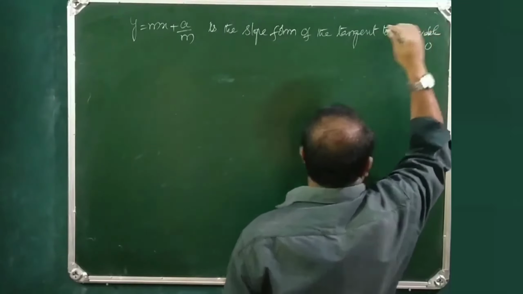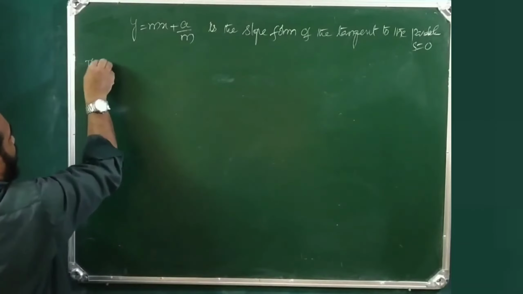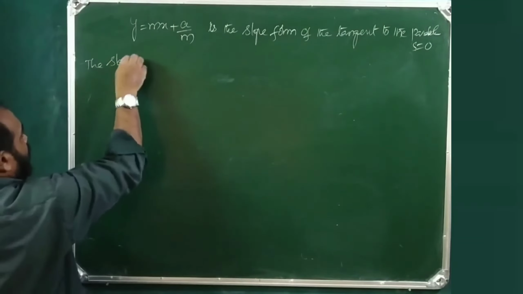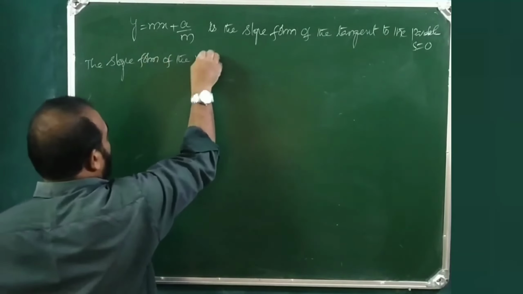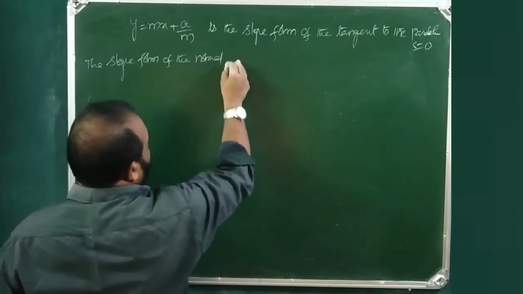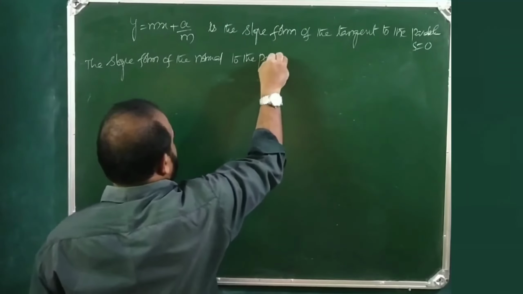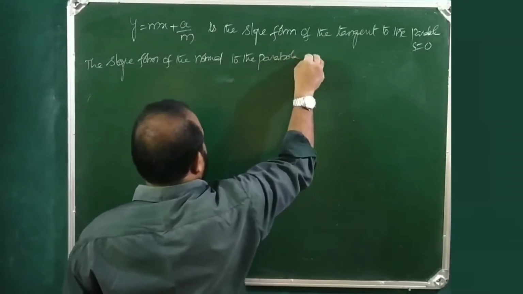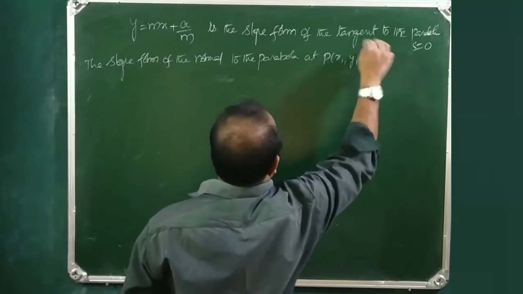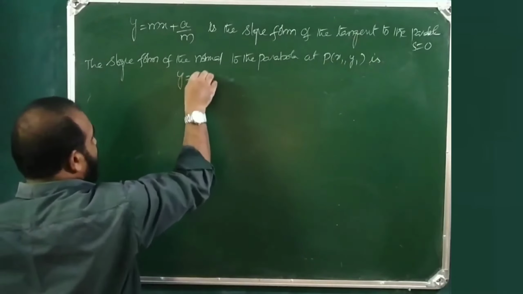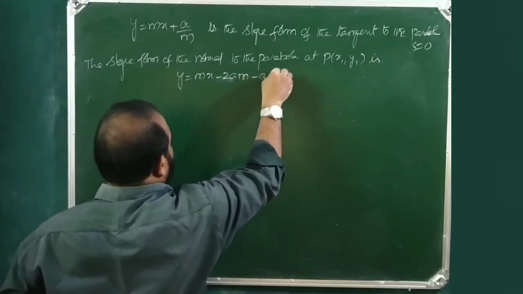In the same way, the slope form of the normal to the parabola at P(x1, y1) is y equals mx minus 2am minus am cube.